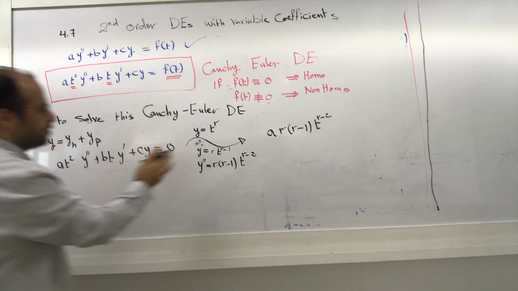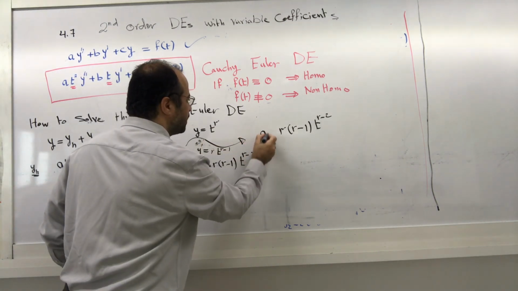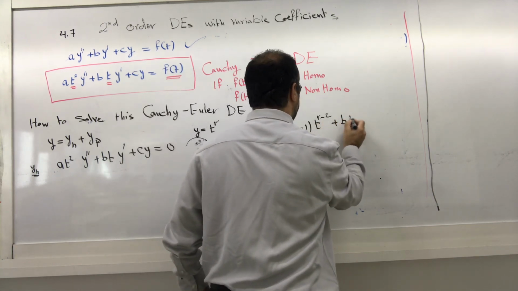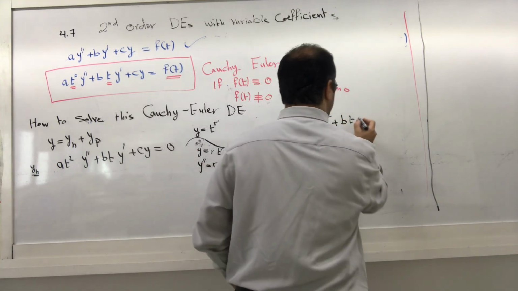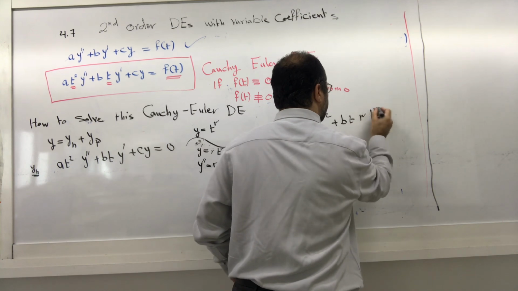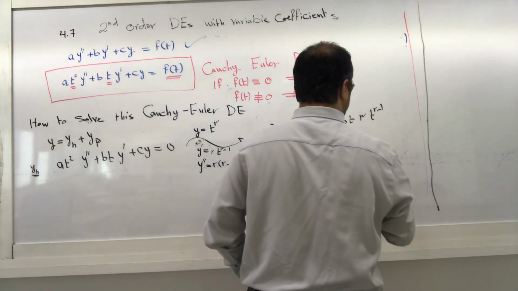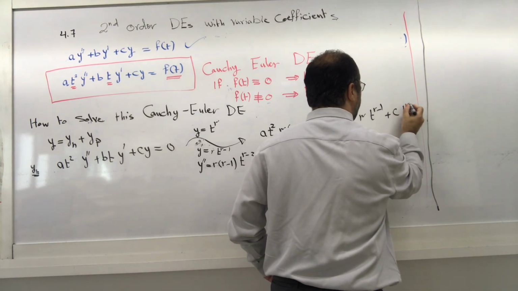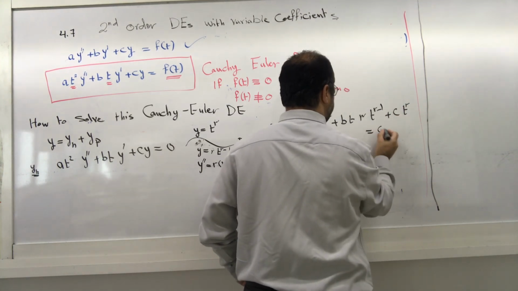So you have a times t² times r(r-1) t^(r-2), and here you are going to have b t, and r t^(r-1), and plus c t^r = 0.